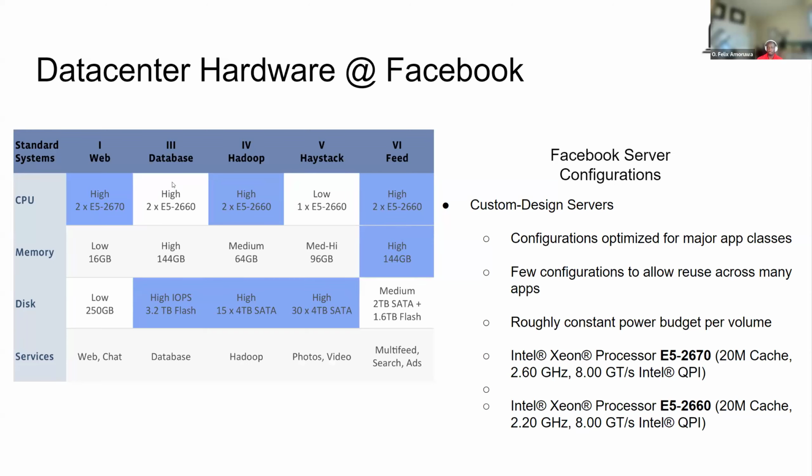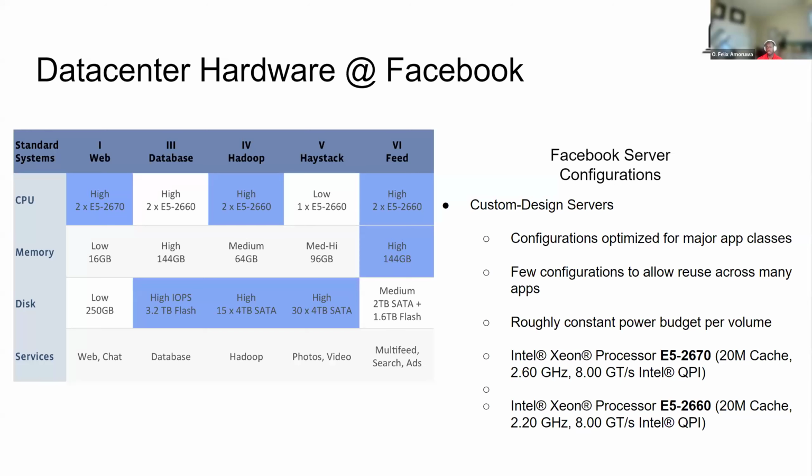But you can see that each one of these different systems has different requirements for compute, memory, and storage for the use cases they're offering, right? So web and chat has requirements versus requirements for, take for example, storage, right?